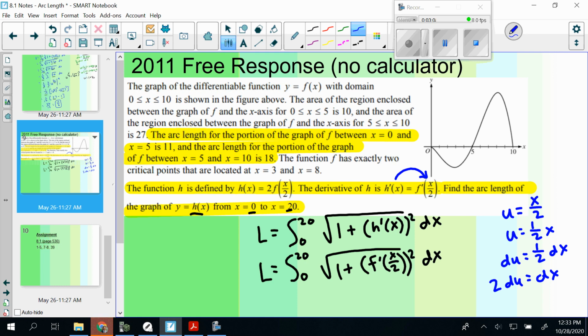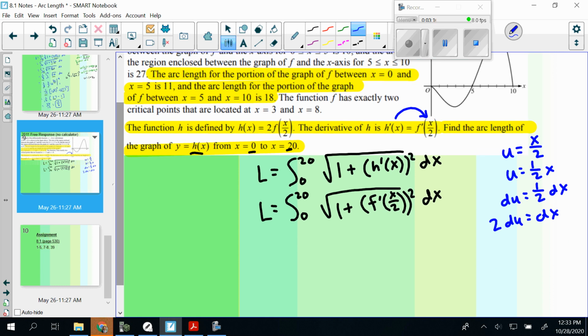So let's make those substitutions now. We got that constant 2. I'm going to pull that out of our integral, as a constant outside. This is now square root of 1 plus f prime of u squared, and then this will become du.